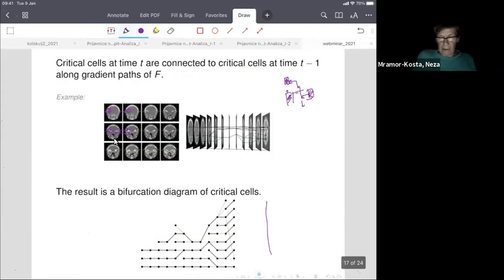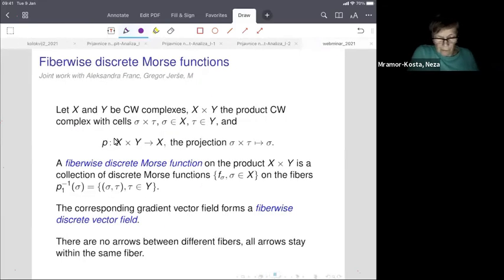Okay, so this was parameterized discrete Morse theory. Another generalization of the discrete Morse theory that we talked about is fiberwise discrete Morse theory. This sort of goes in the opposite direction. Over here, we have a product of two CW complexes, and we define a fiberwise discrete Morse function using a projection.